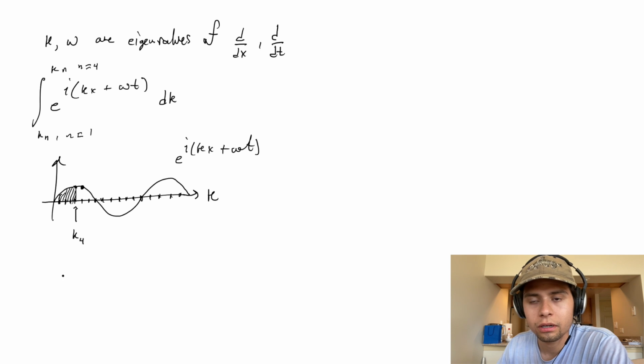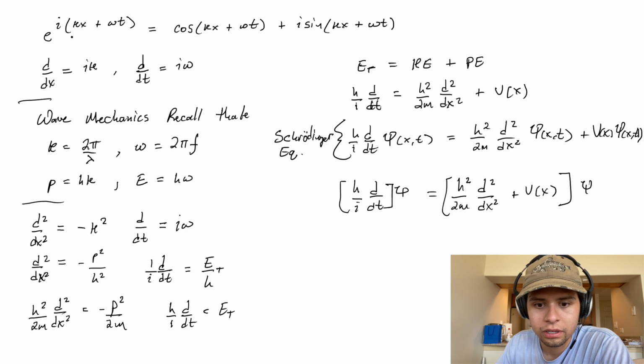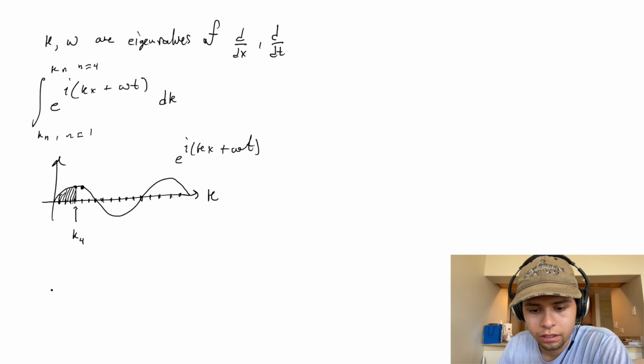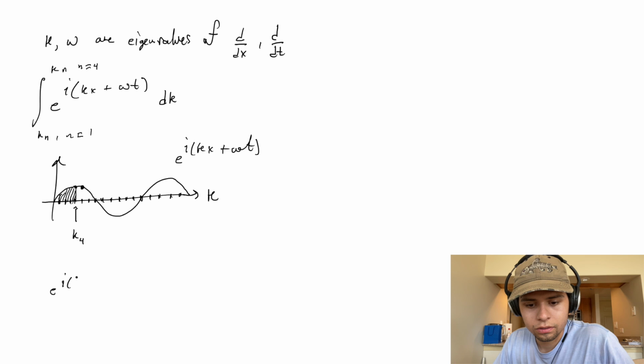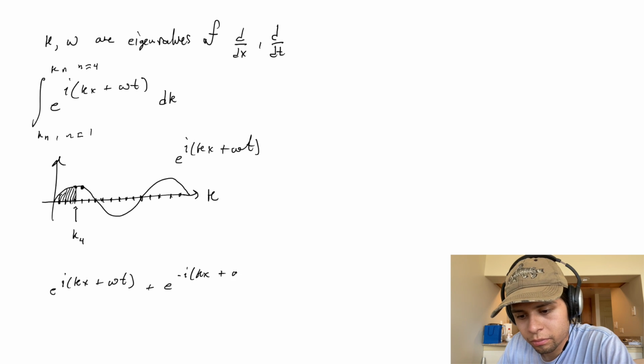Now I also want to talk a little bit about a more general form of this. As I went over here, we have e to the i (kx plus omega t). What if we had e to the i (kx plus omega t), and then we also had plus e to the negative i (kx plus omega t)?